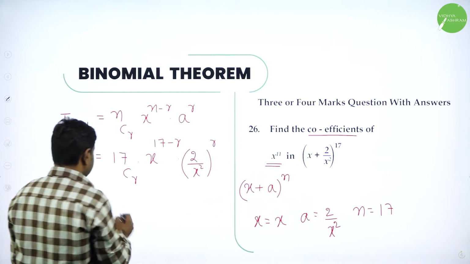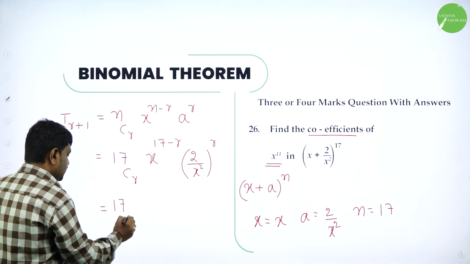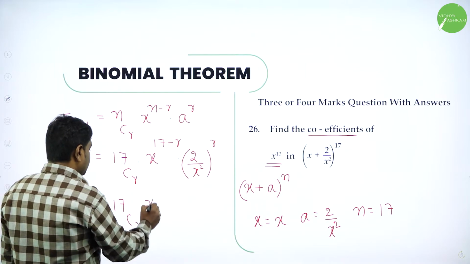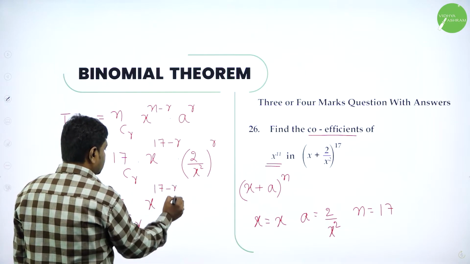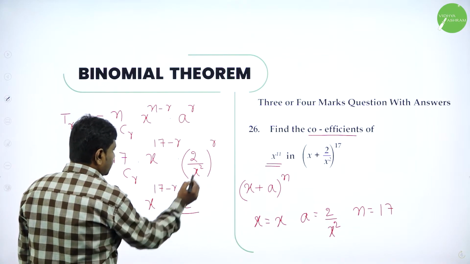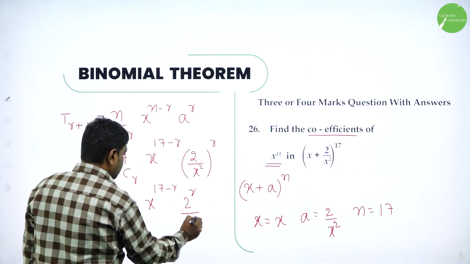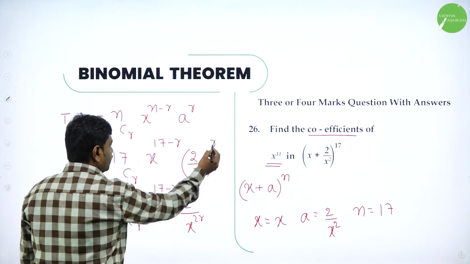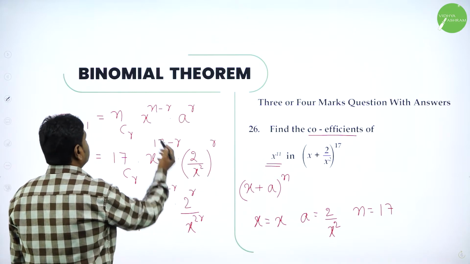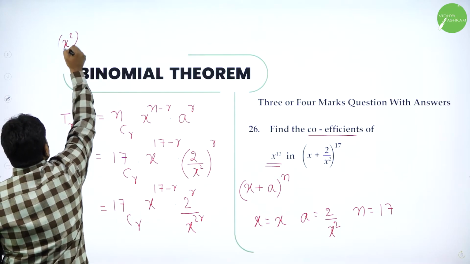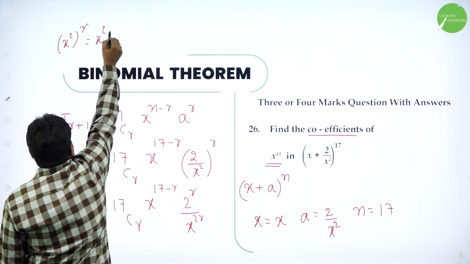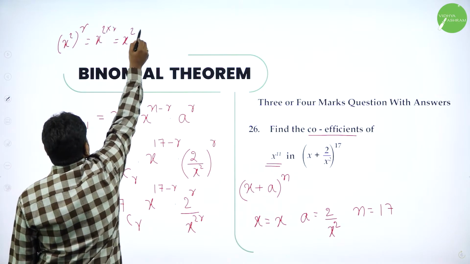Now simplify this. So 17Cr x power (17 minus r), 2 power r divided by x power 2r. Law of indices: (a power m) whole power n is a power m into n. The r applies to this, and the r applies to this. You know, (x square) whole power r, I can write as x power 2 into r, that is x power 2r.